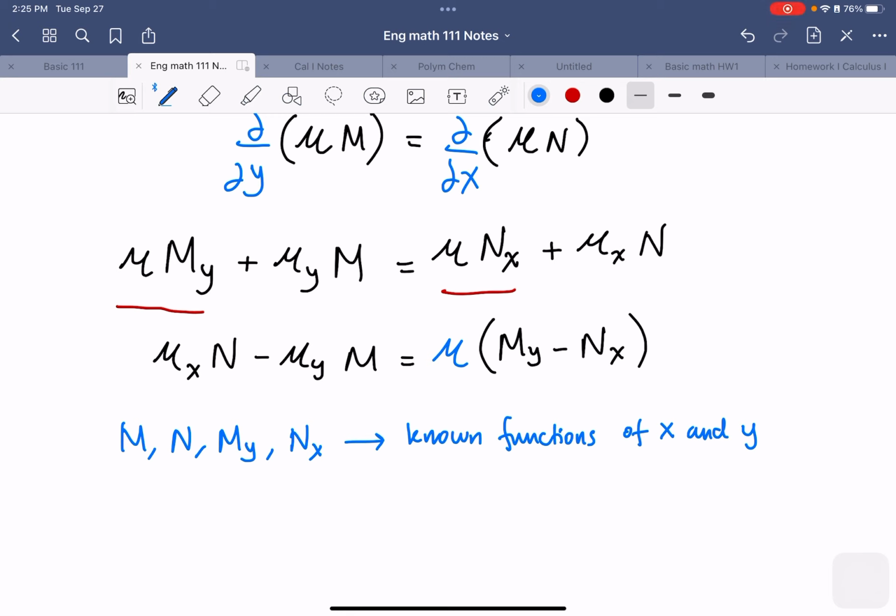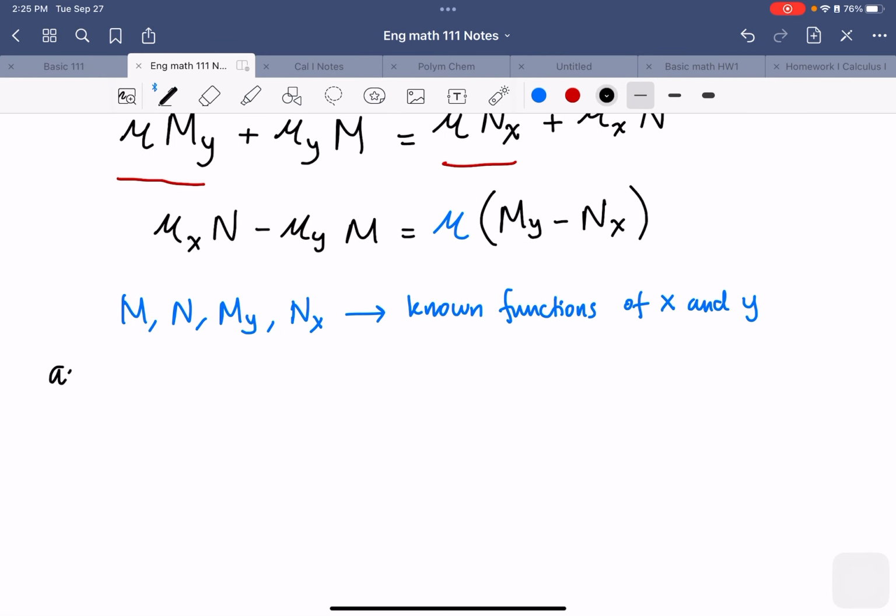The mu becomes the integrating factor that we want to multiply. Let me give you an example. So, assume mu is a function of one variable, so it can be x or y.